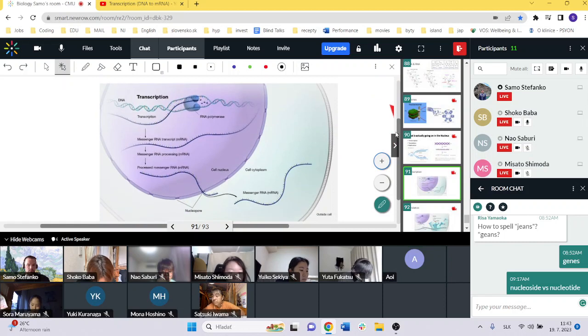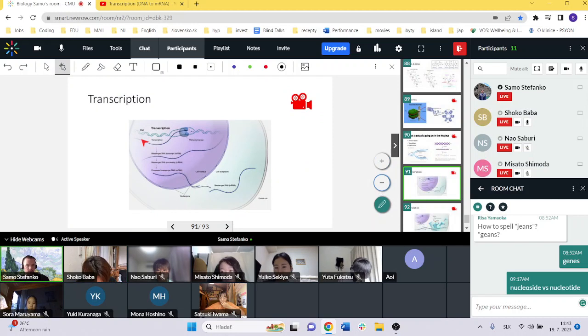Oh, okay. First, there's DNA. Can you use a pointer, please? Pointer or a cursor. If you look up there in the white bar, there is a cursor button or pointer button, in order to see our pointer.